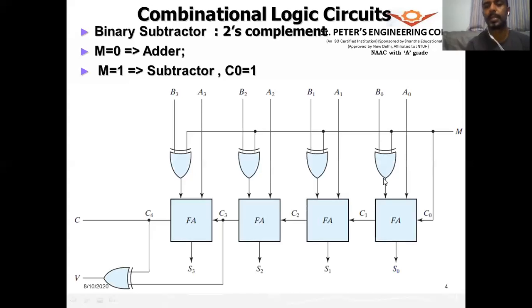So that will be the output. So we see that we have taken the 1's complement of B. And we see that C naught is always equal to 1, because if M is equal to 1, C naught also is equal to 1. So therefore, in the subtractor mode, we require an extra 1.